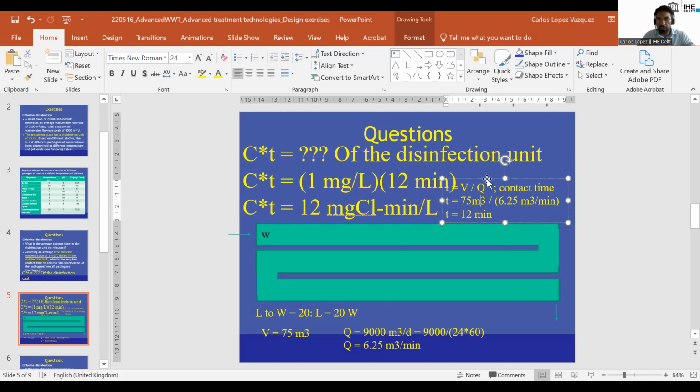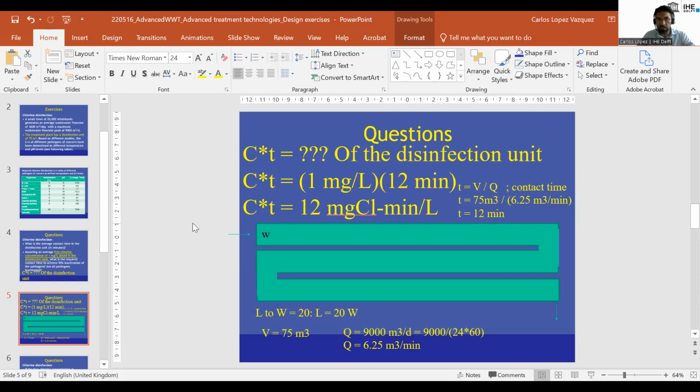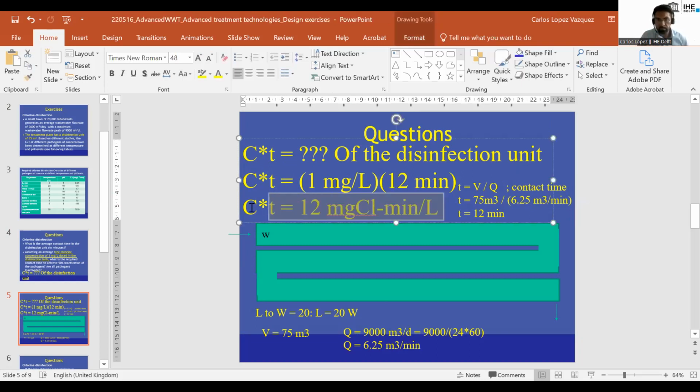What does it imply? This is the CT of the disinfection unit.